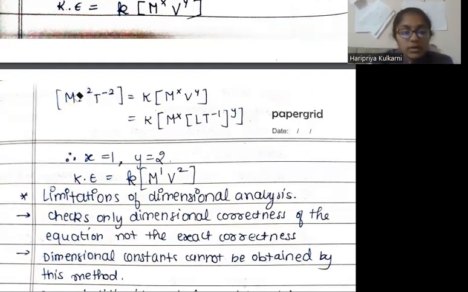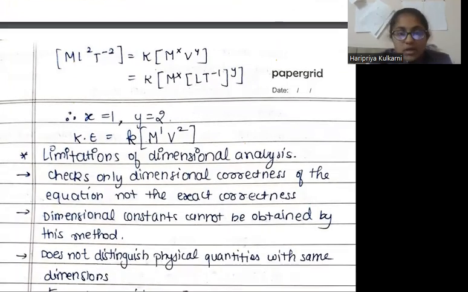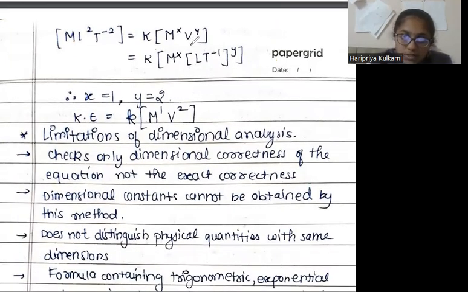Now coming back to our relation. Okay, so we took that relation, k is some constant into m to the power x, v to the power y. So again, v is what? Velocity. Let's write it as L to the power 1, T to the power minus 1, right? And mass is m only, right? So this k into m raised to x we have, and in brackets LT to the power minus 1.